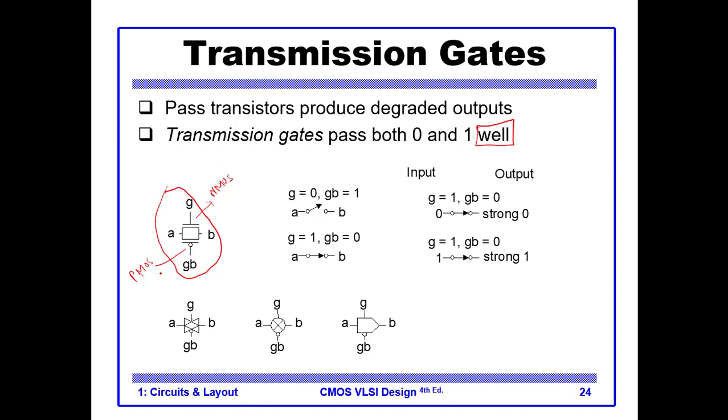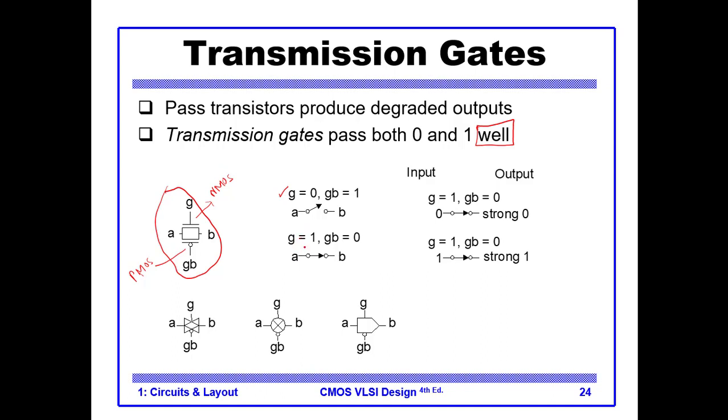There are two control signals, G and GB. When G is 0 and GB is 1, the NMOS is open, and the PMOS is also open. So there is no path between A and B.